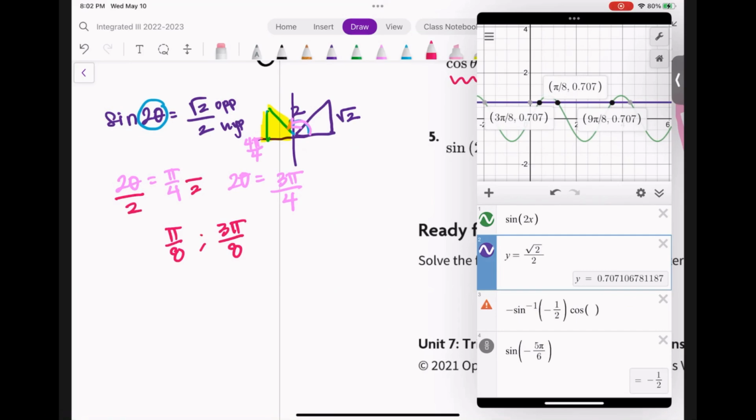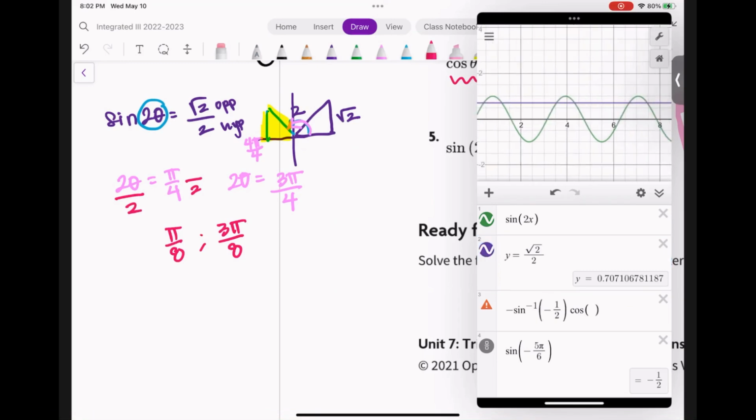So this is what I was talking about. Ms. Johnson, where would we get 9 pi over 8? Well, that I will explain as we go. For now, just keep using your Veronica strategy, since that is outside of 2 pi. So I'm going to write my other ones down, 11 pi over 8 and 9 pi over 8. These ones I'll write in a different color.